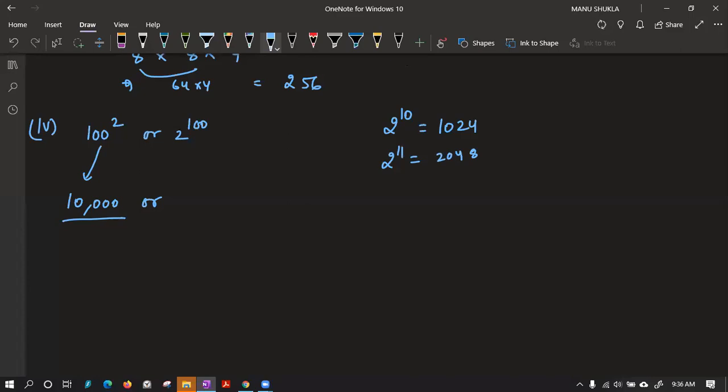Similarly, if I keep on finding, I will find that we achieve 10,000 within 2 power 20. Yes sir, because the zeros in the multiplication will also come in the product. Yes, the same thing. So we can say that 2 power 100 is larger.